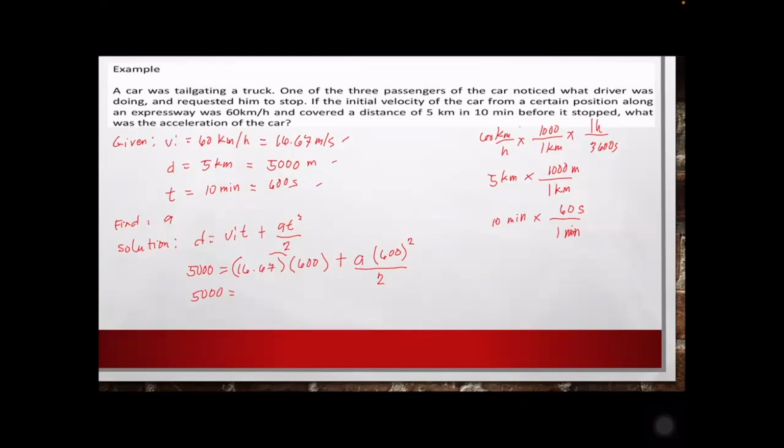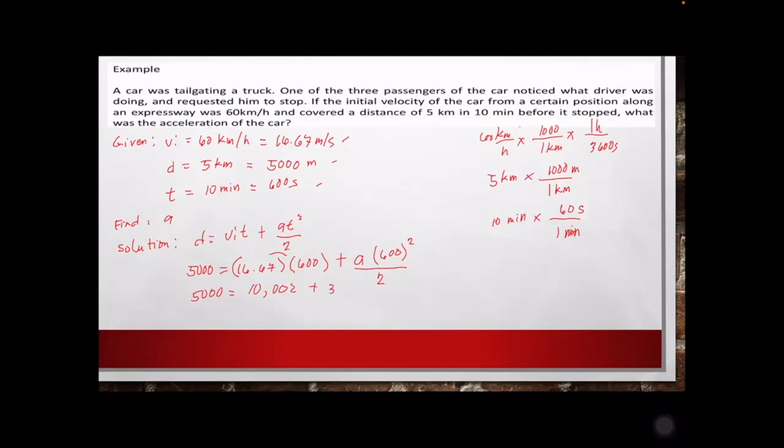Okay, 10,002. Plus 600 squared. 360,000. So, this divided by 2, mamaya na lang i-divide.